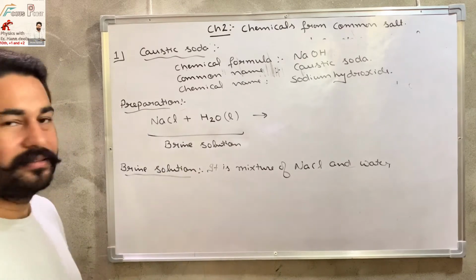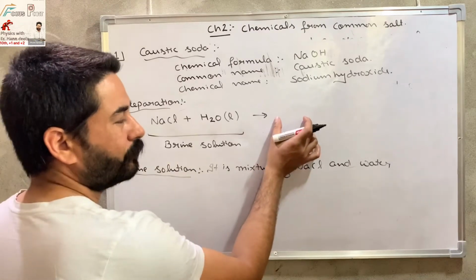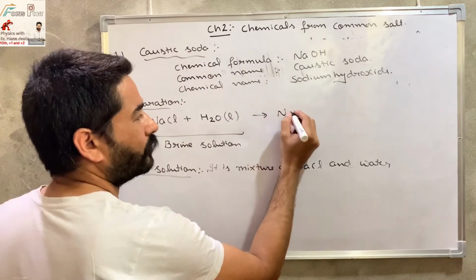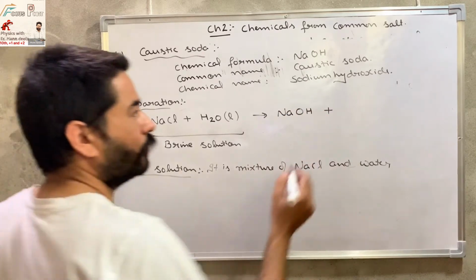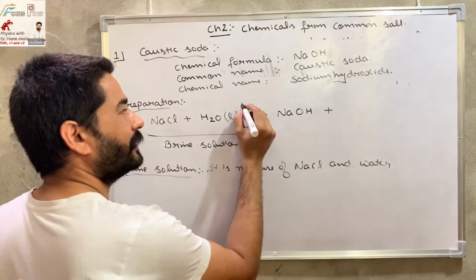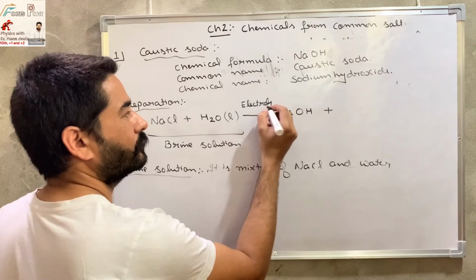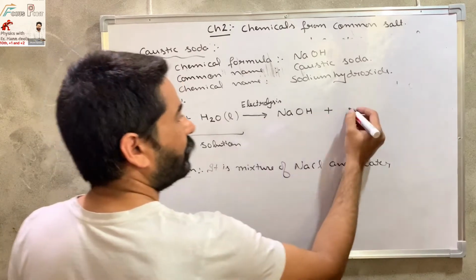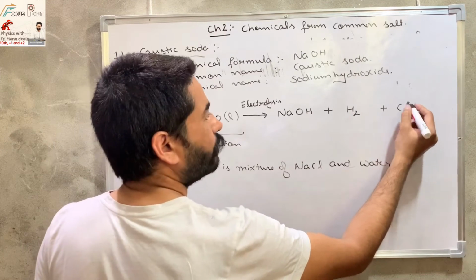When sodium chloride reacts with water, one product will form, whatever we require: sodium hydroxide, and along with it two gases will form. This process takes place in the presence of electricity. Sodium hydroxide, hydrogen gas and chlorine gas will form.